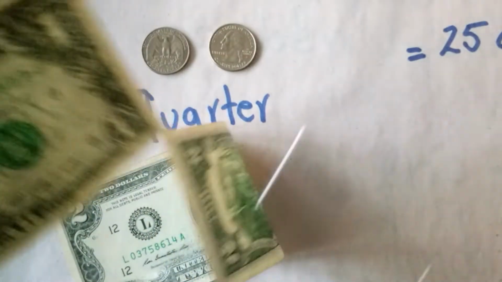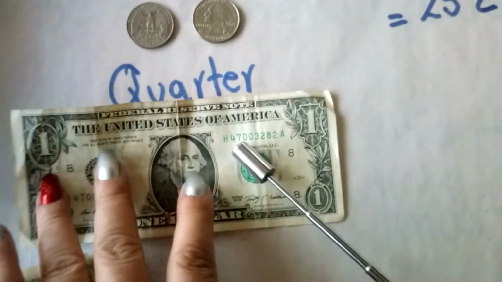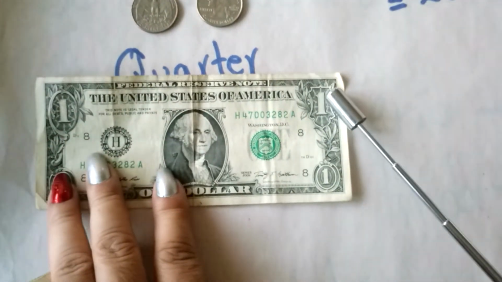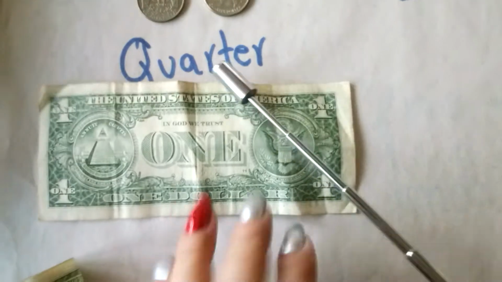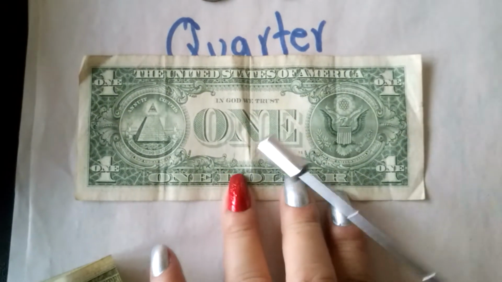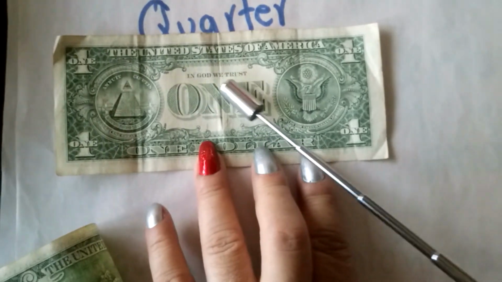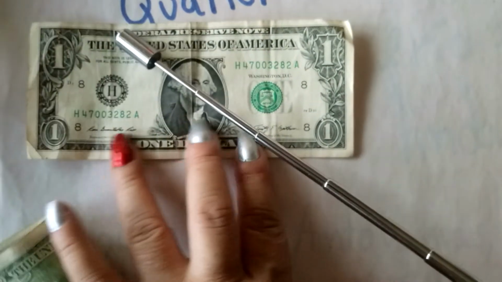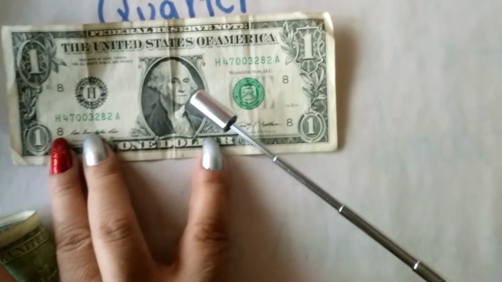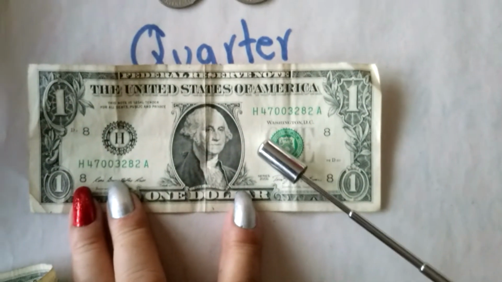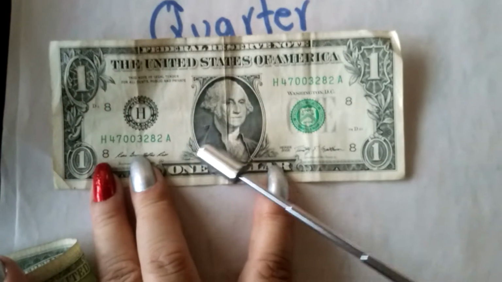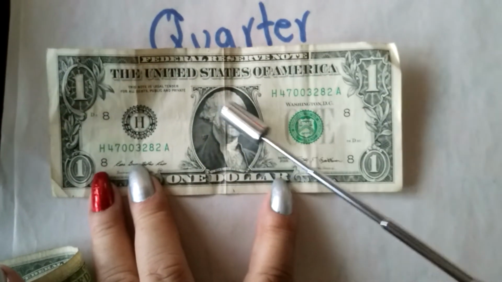Now here we have $1 bill. Look, $1 bill. One. In God we trust. Always they said, in God we trust. And this is the face of George Washington here.